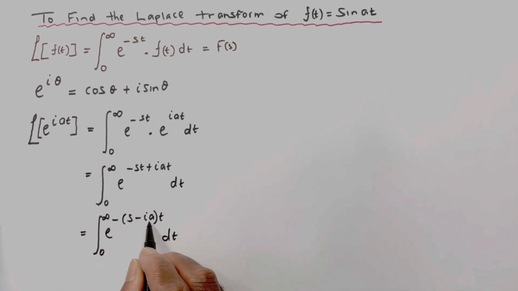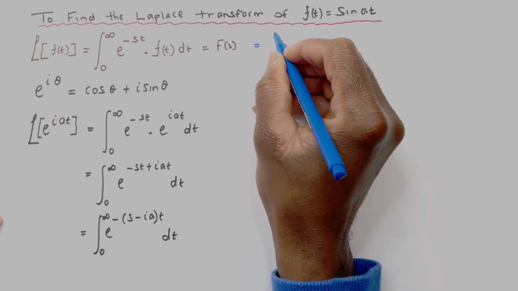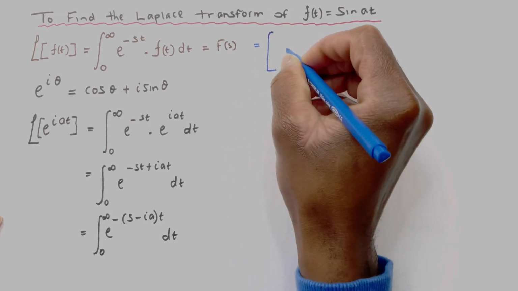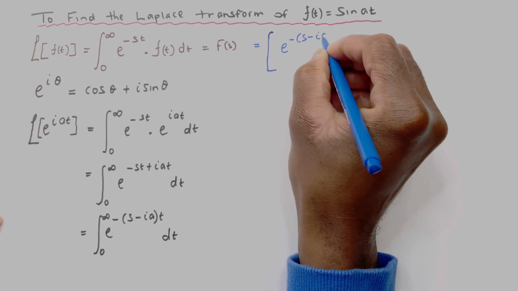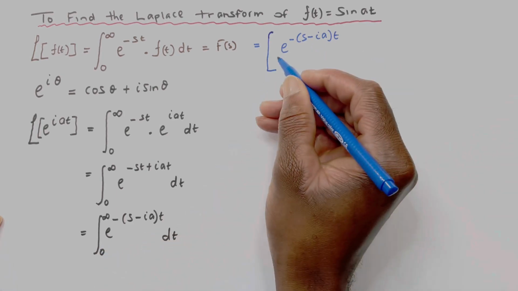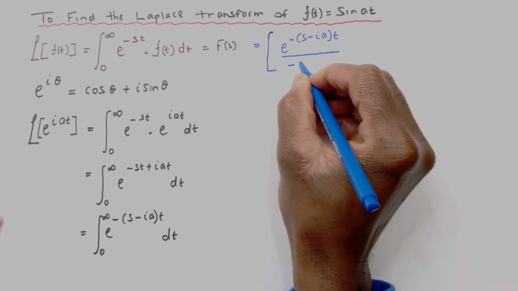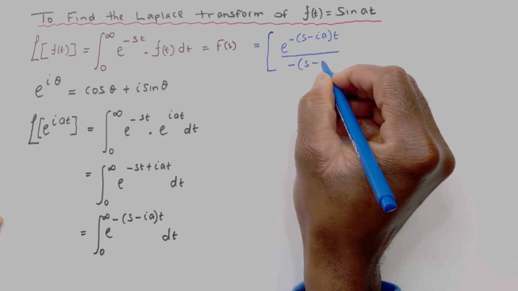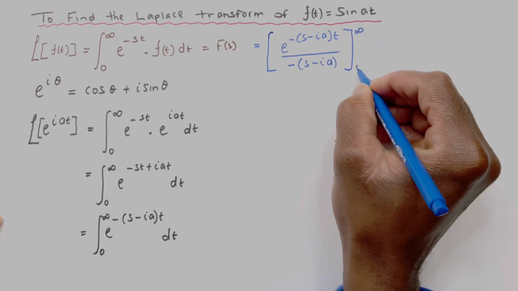If I integrate an exponential function, I get the exponential function back and then divide that by the derivative of the exponent. What we're going to get next will be the square bracket, e to the power minus (s minus i a) t, divided by the derivative of the exponent, which is minus (s minus i a), going from 0 to infinity.